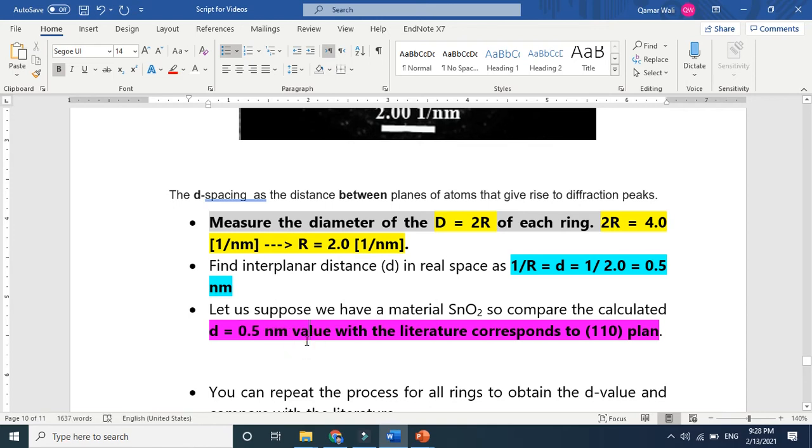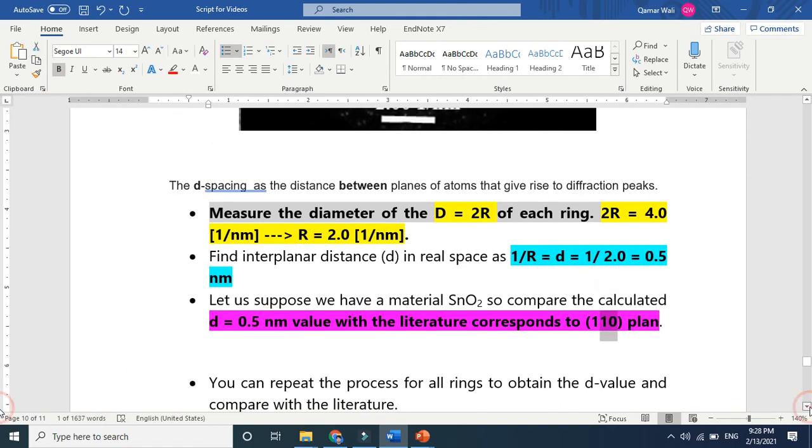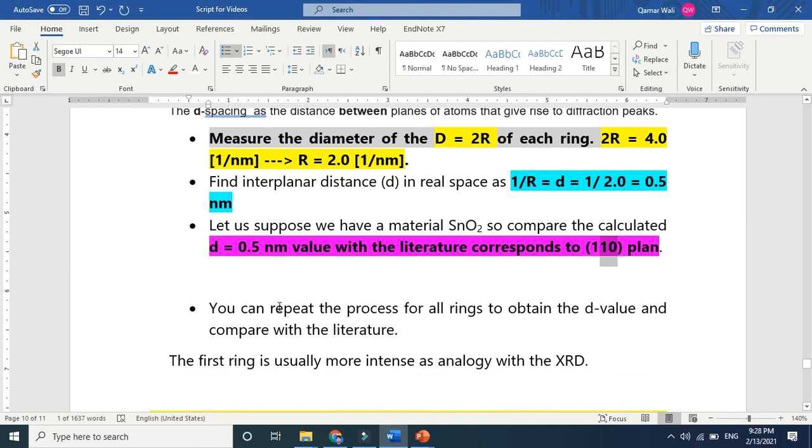Now compare with the literature of this material, and you will see that the distance between the two planes is this D, and that corresponds to this peak HKL plane, right? This is how easily we can do it, and you can repeat the process for all rings to obtain the D values and compare them with the literature.